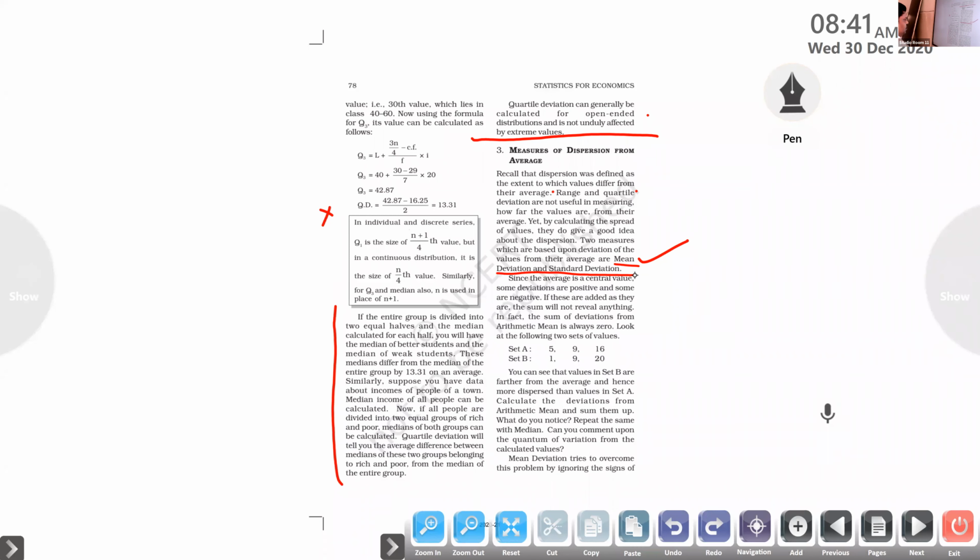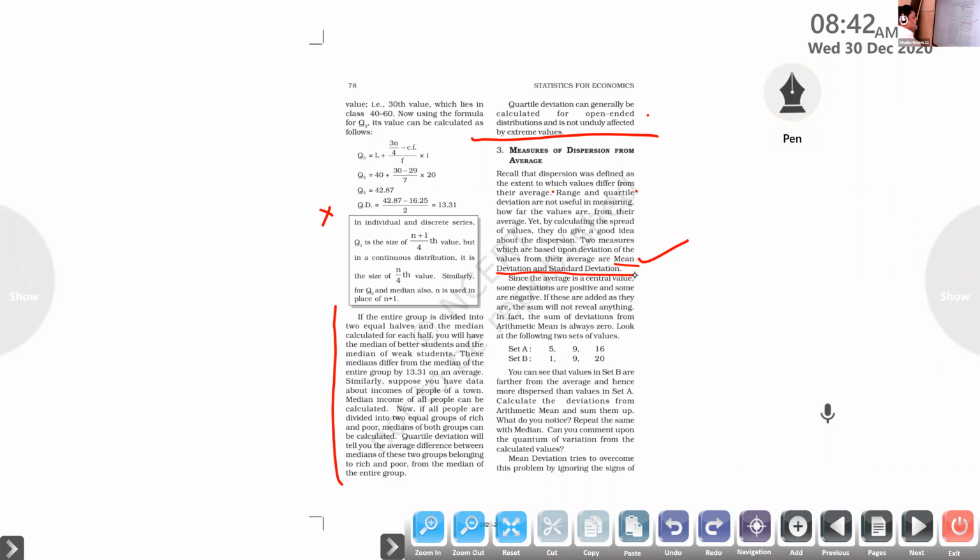First of all, we are going to find the mean deviation. Since the average is a central value, as we studied earlier, some deviations are positive and some are negative.